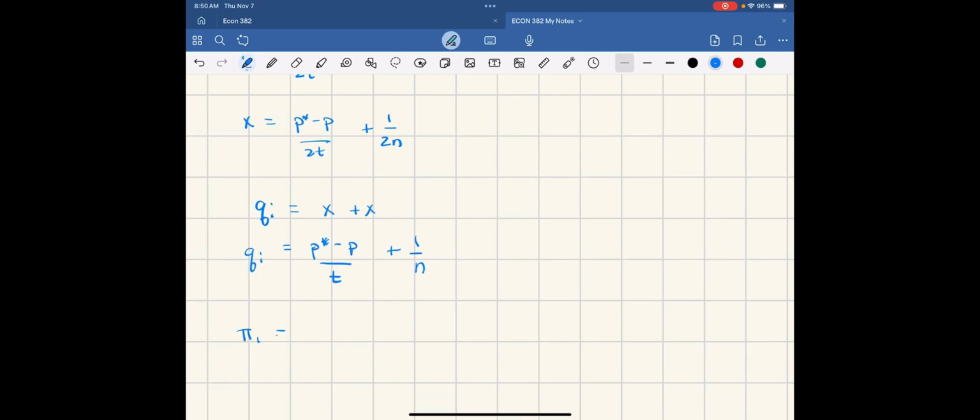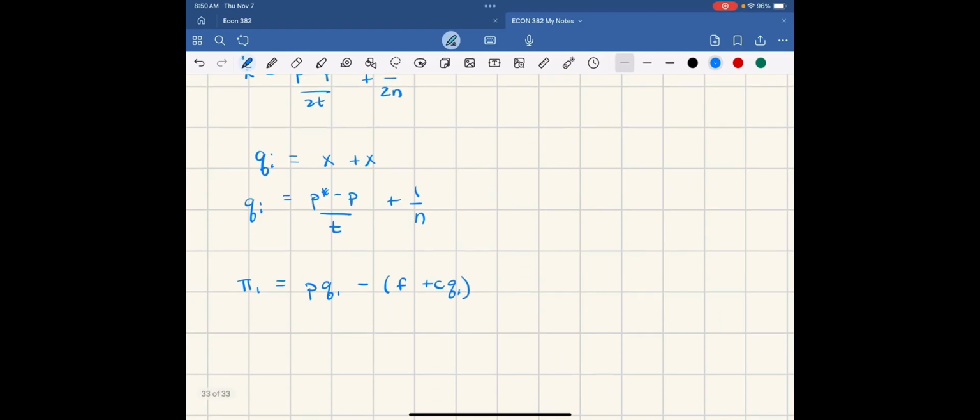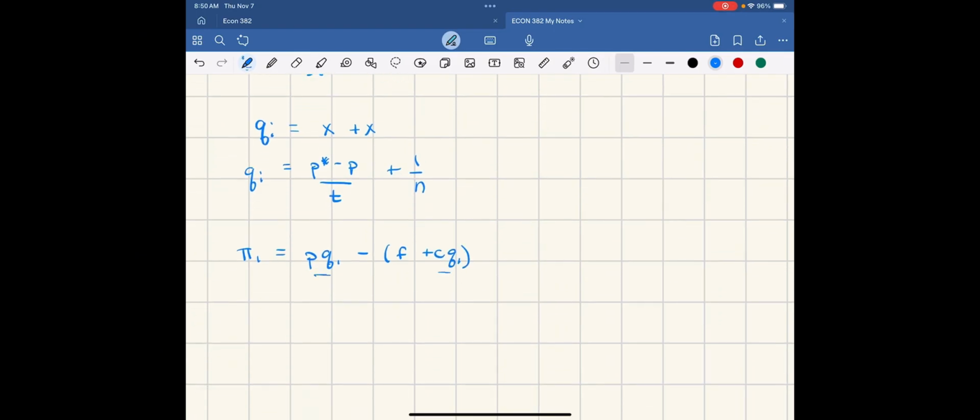This is going to be Q1, so we say profits for firm 1 are equal to P times Q1 minus the cost, which is F plus C Q1. We write it out this way so that we can collect like terms. So this is equal to P minus C times Q1 minus F. This is the trick that we did before, where we rewrite the profit function. Now I can plug in what I have for Q1.